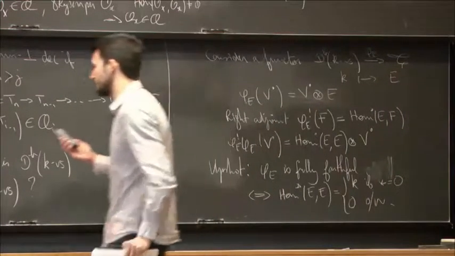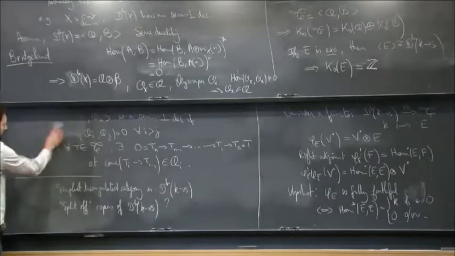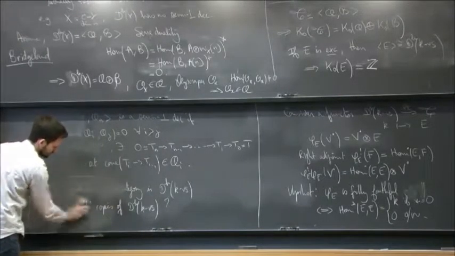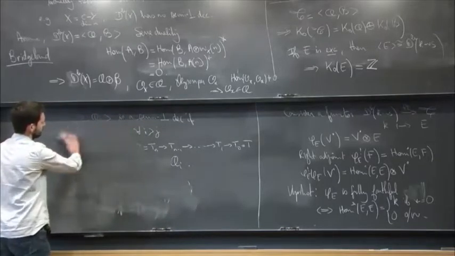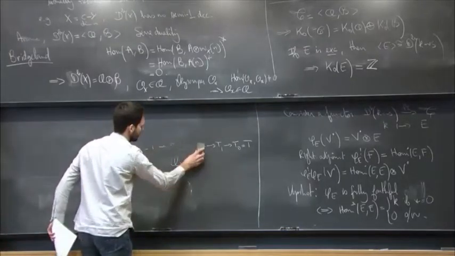The point now is that the existence of a full exceptional collection implies that the K0 of the variety is actually free of finite rank.